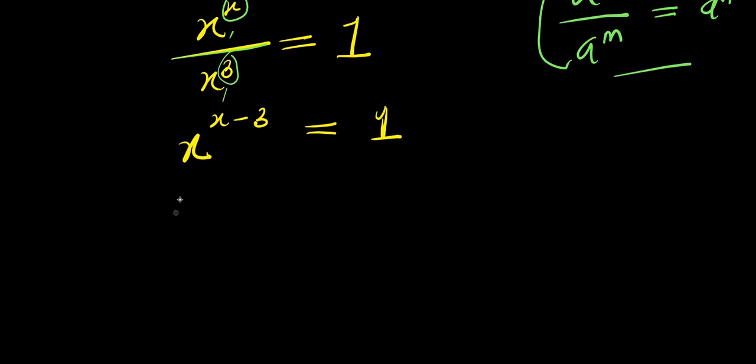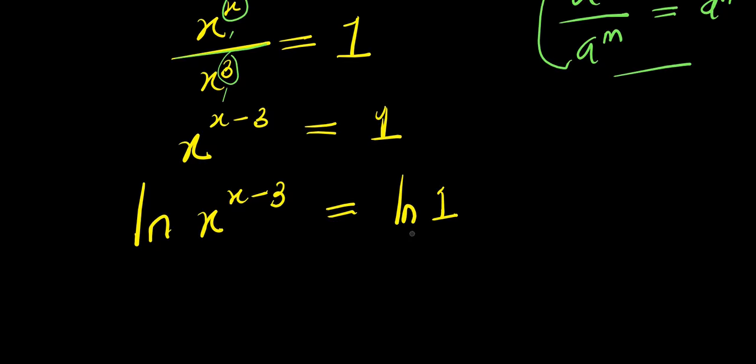At this point, I can decide to apply natural log. I have natural log of x to the power of x minus 3 equals natural log 1. And according to this property, natural log a power b equals b times natural log a.